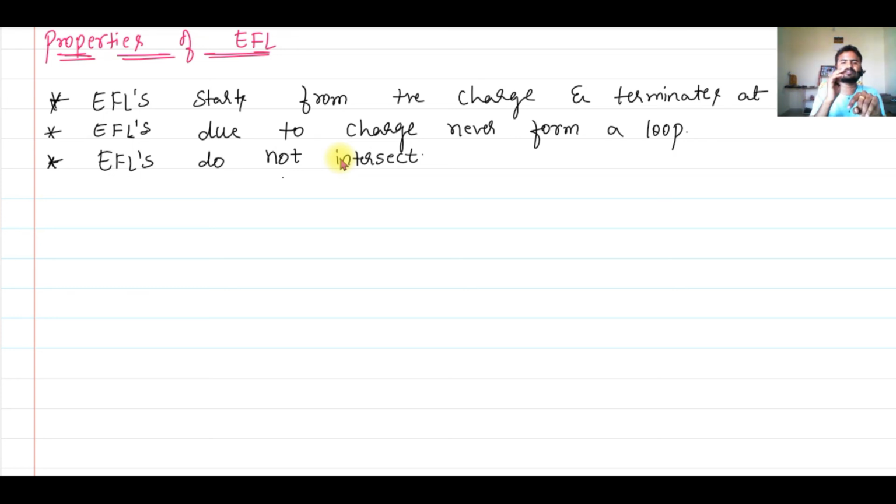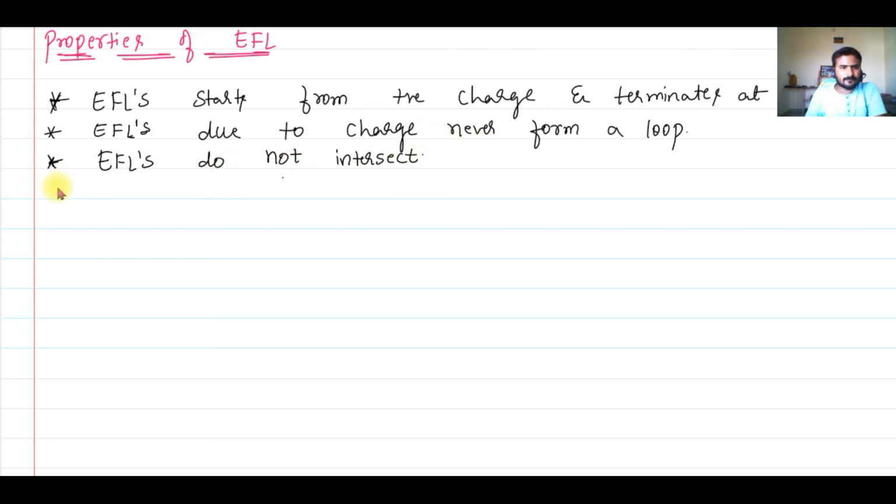It can have only one direction. That direction in which the charge would move is the electrical field at that point. If they cross each other, there will be only one electric field, the resultant of those two. That is the meaning of that. Okay, electrical field lines do not intersect.